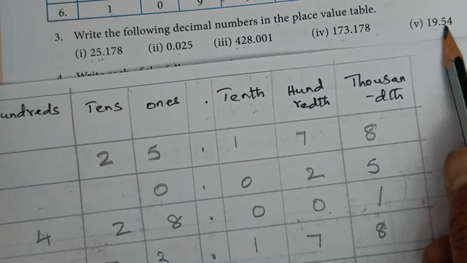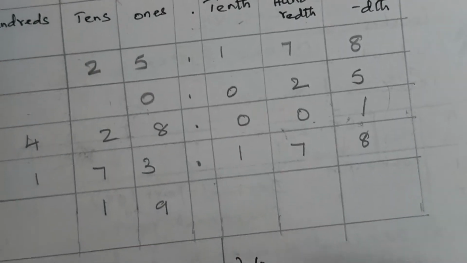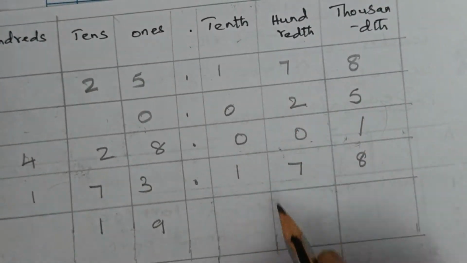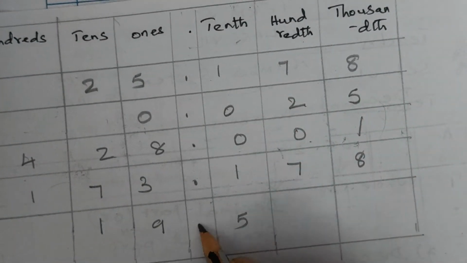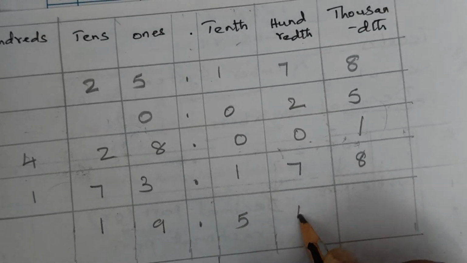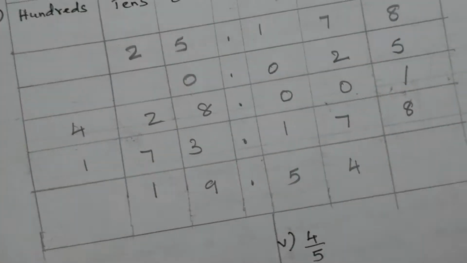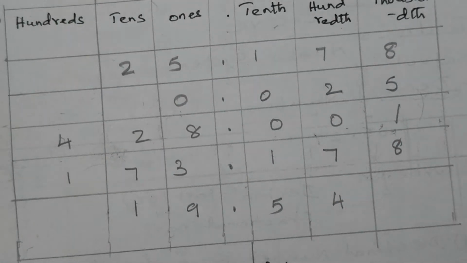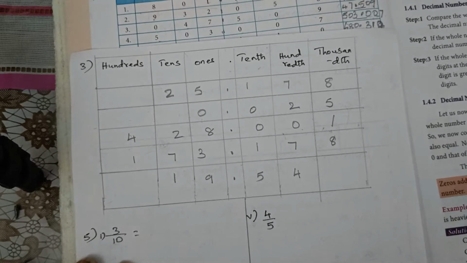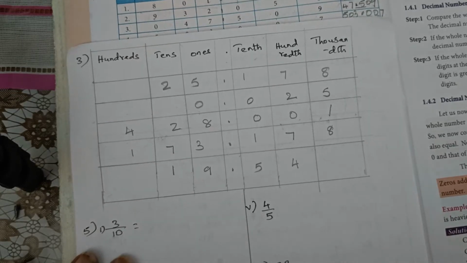Then 5 tenth, 4 hundredth. So where is the tenth place? Tenth is 5 after the decimal point, and in hundredth place we have 4. 19.54. This is how we write the given numbers using the place value chart.